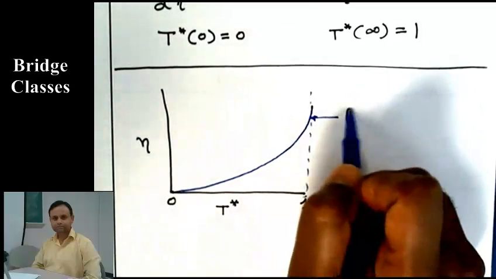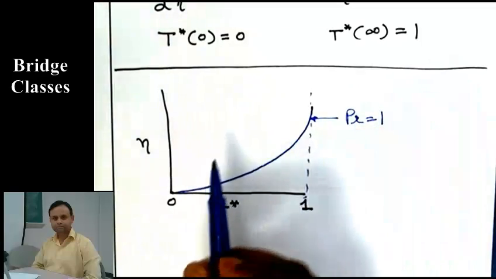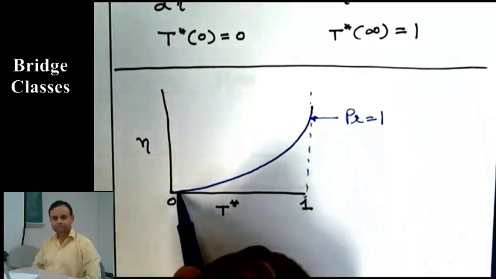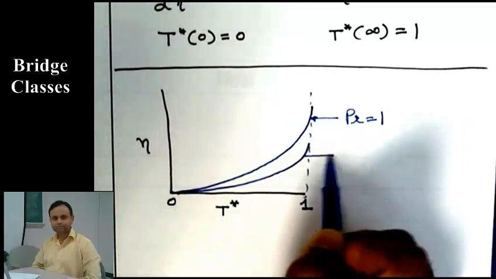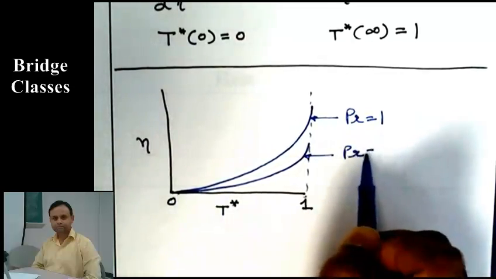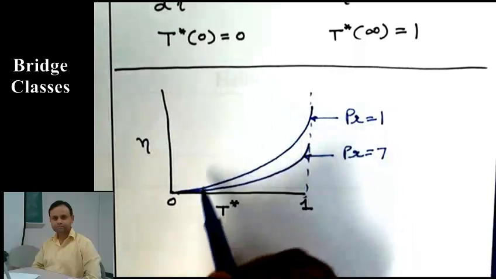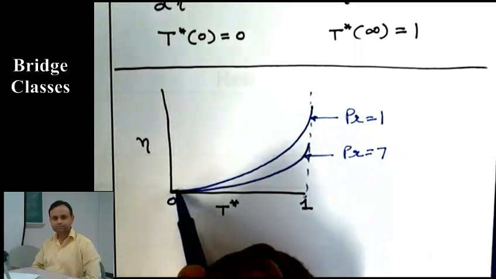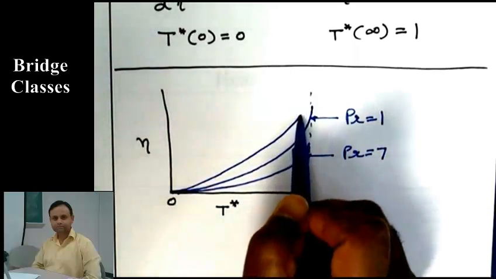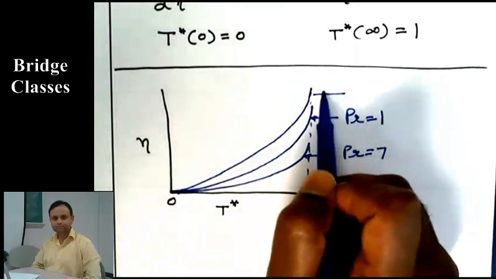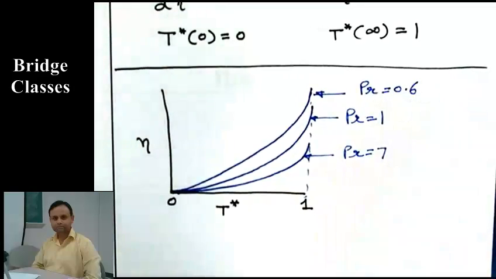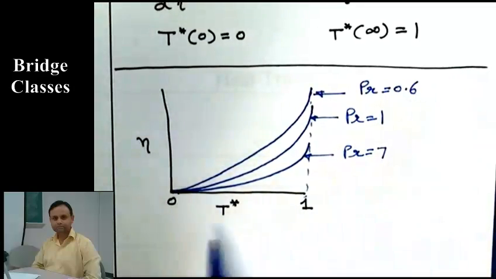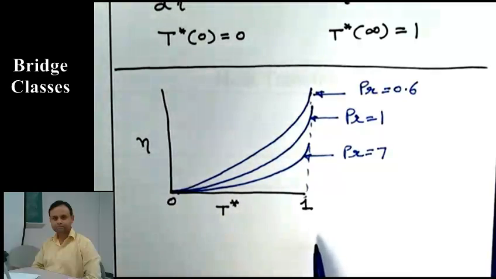For Prandtl number 7, or any number greater than 1, the profile is like this. And if it is less than 1, say Prandtl number is 0.6, it looks like this. So for different values of Prandtl number we got the temperature profile. That's all we needed.